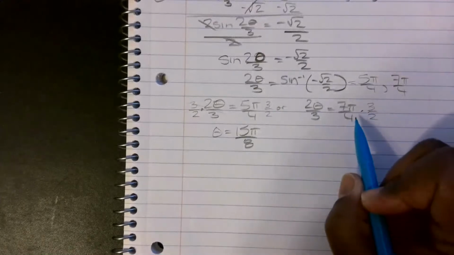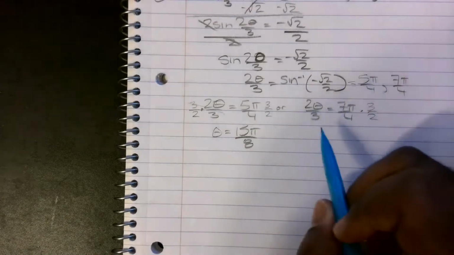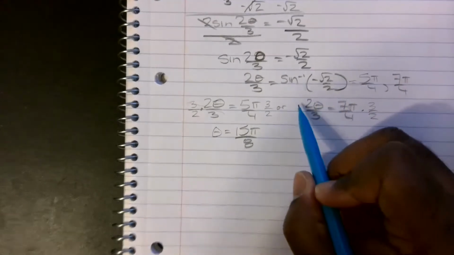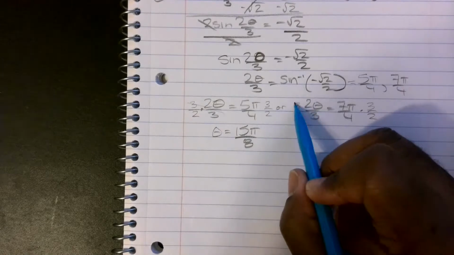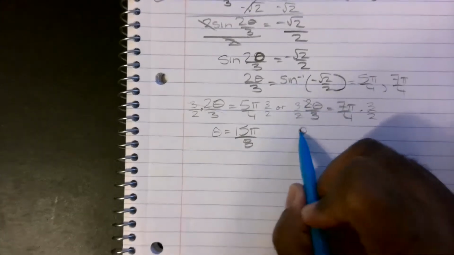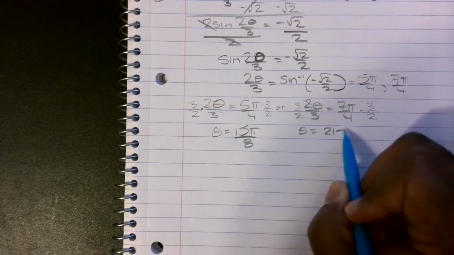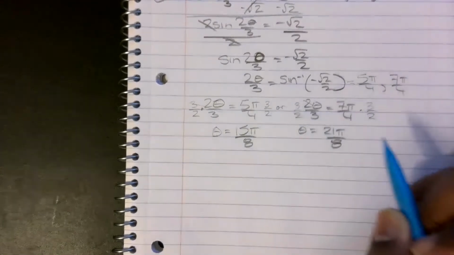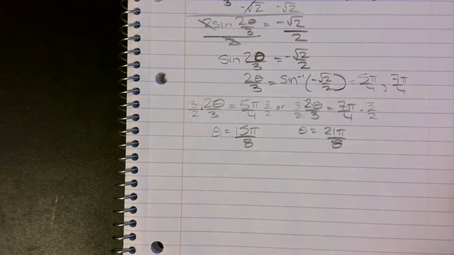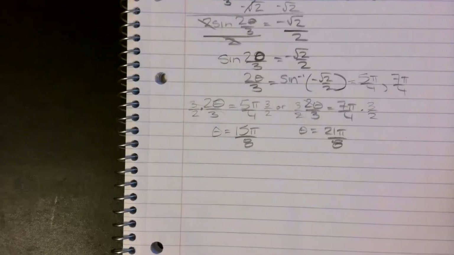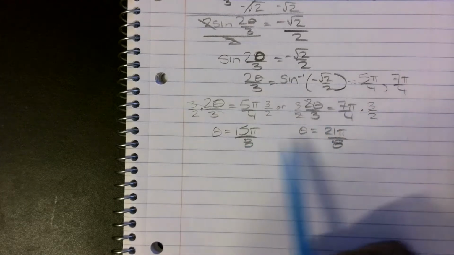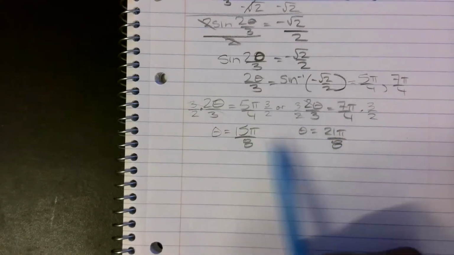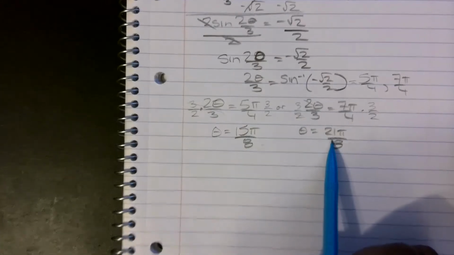And for the other one, I multiply by 3 over 2 as well. I get theta is equal to 21 pi over 8. All right. So these are the first two answers to the equation.